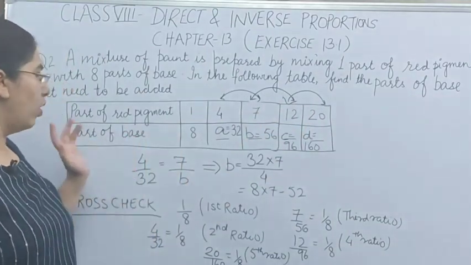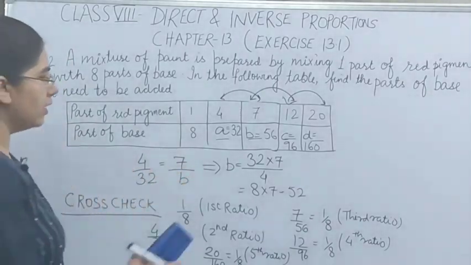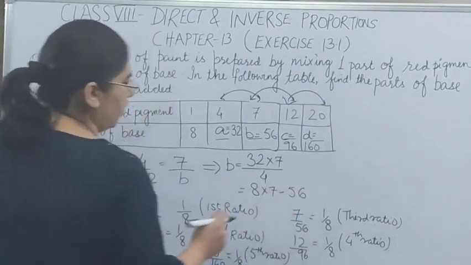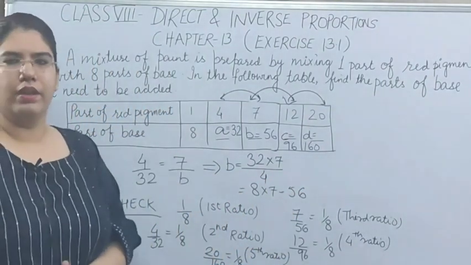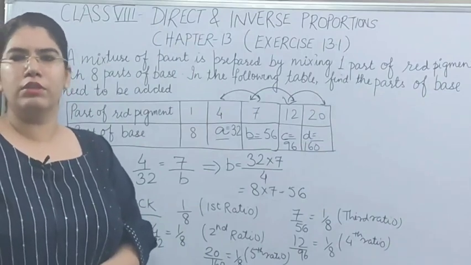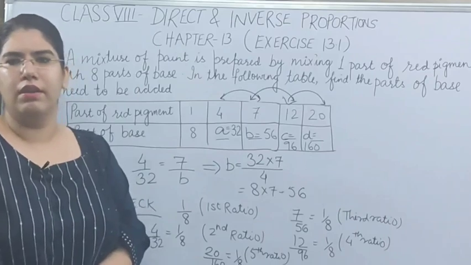Is it making sense to all? Okay, right. Just a little error from my side, 7 8s are 56. Is it making sense to all? If this is clear, can we move on to the next question, which is the third question in the exercise?